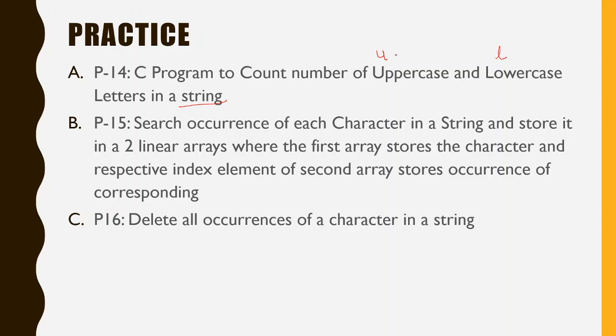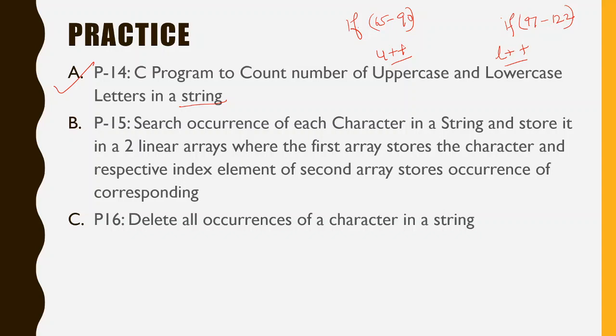You know that the condition for uppercase is an ASCII value between 65 and 90, and for lowercase the ASCII value is between 97 and 122. Every time the lowercase condition is true, you do l plus plus, and every time the uppercase condition is true, you do u plus plus, and in the end print u and l. Okay, so this will give you the count of uppercase and lowercase letters in a string.